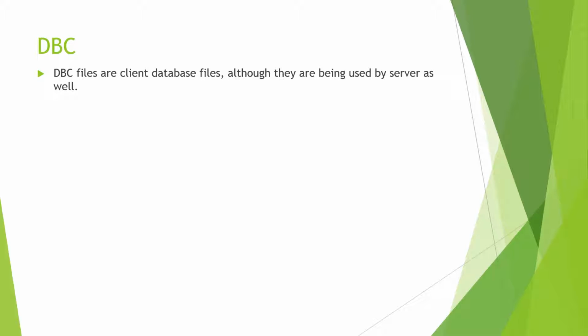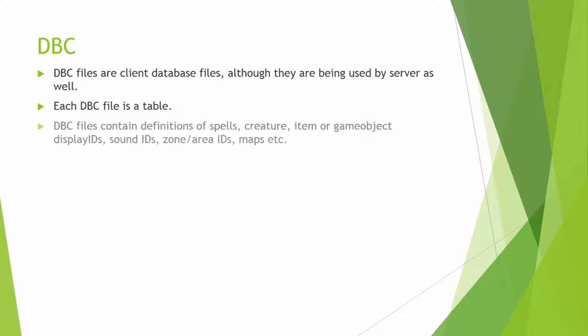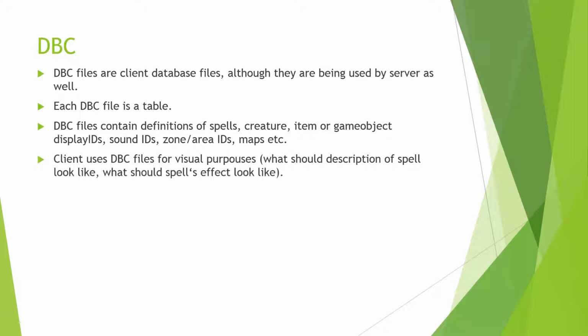DBCs. DBC files are client database files, although they are being used by the server as well. Each DBC file is essentially one table. DBC files contain definitions of spells, creature, item or game object display IDs, sound IDs, zone area IDs, maps, etc. The client uses DBC files for visual purposes.